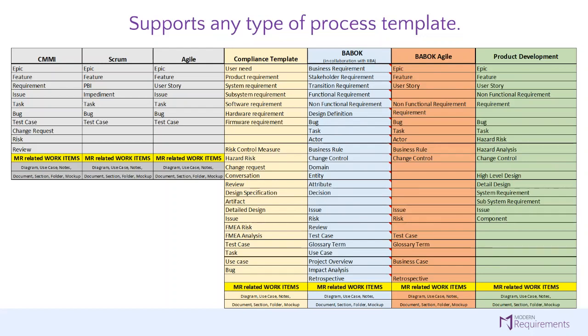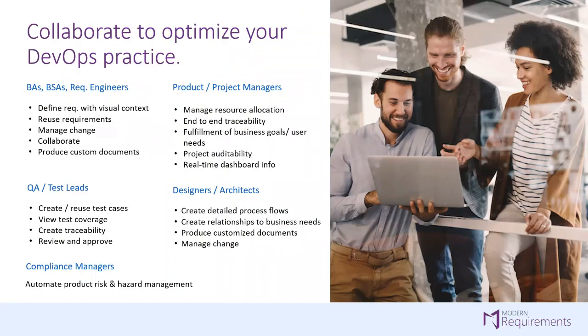And it's really easy to configure these process templates in Azure DevOps. Because the tool is wide and deep in the capabilities it provides, it offers points of value to a wide range of users and stakeholders within your enterprise.